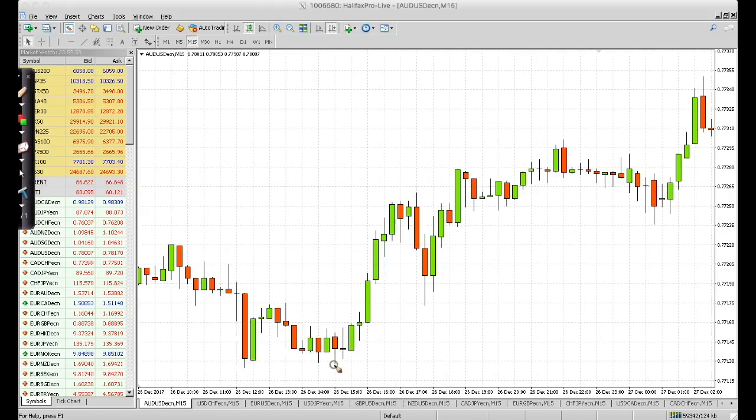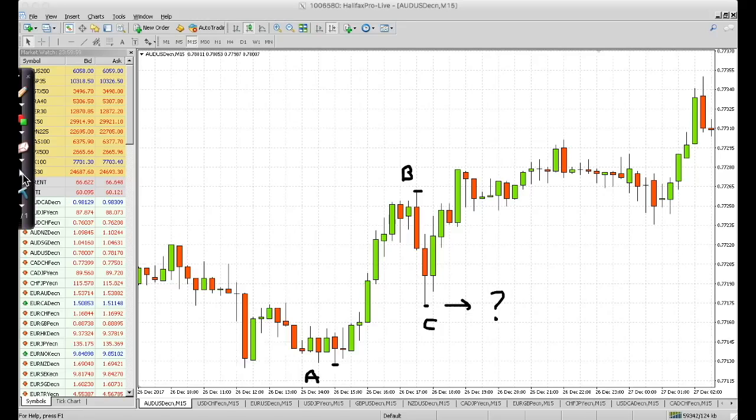Well, first, this could be my A, the start of the impulsive wave. This is my B. And where's my C? My C will be over here. That's my C, okay? So the question is, is this a Fibonacci level? Is it 50% or 61.8%? If it is, I have confidence it's a strong support, I'm going to buy, okay?